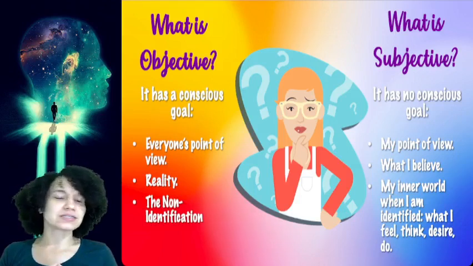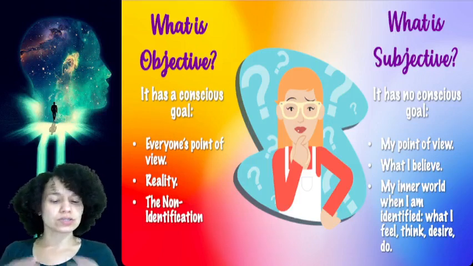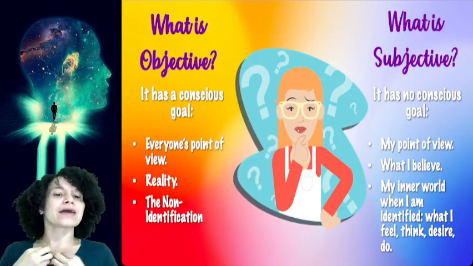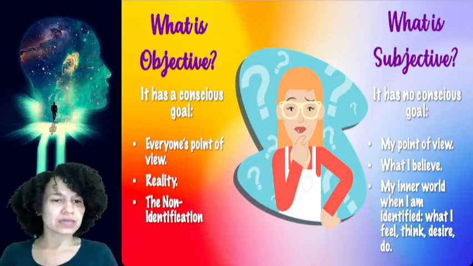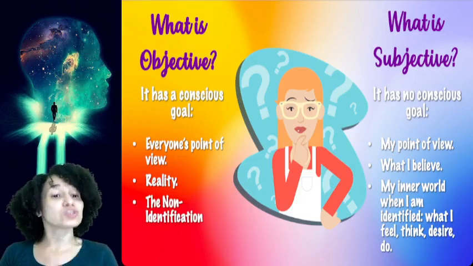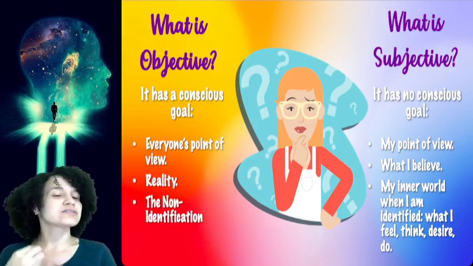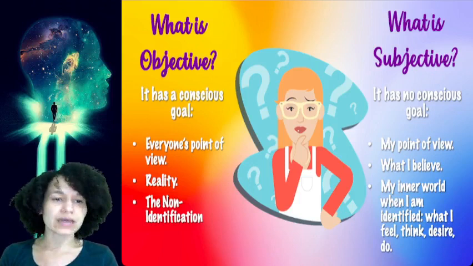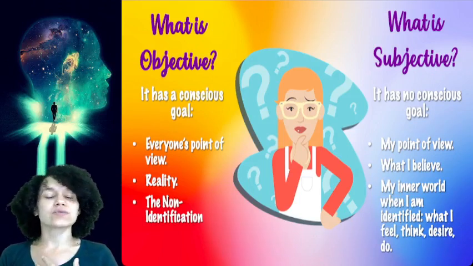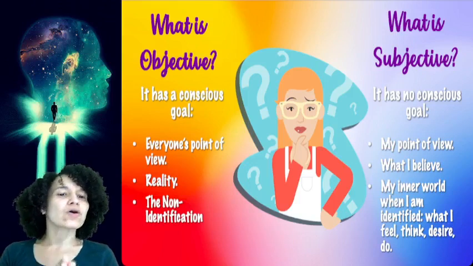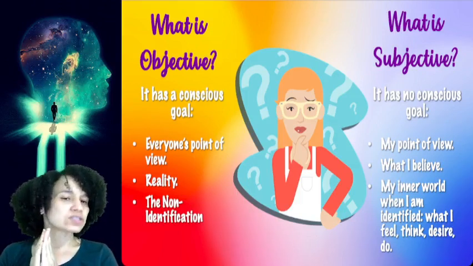So it takes into account only what is related to my inner world, when I am identified with what I am feeling, with what I am thinking, with what I am desiring and doing. And as we know, it is all the projections of our own ego. So it's like the unreal. And for that reason, what is subjective is all of that which doesn't have a conscious goal.